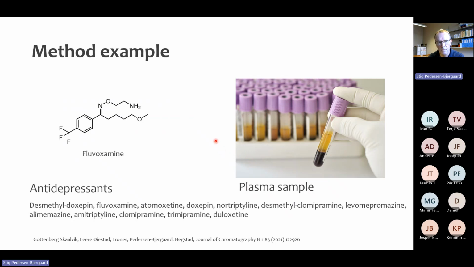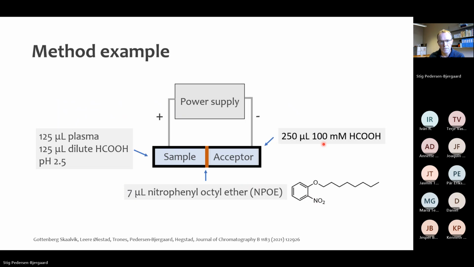Here is one example of a method. So now we are looking into a method for extraction of fluvoxamine. This is an antidepressant drug, and we are to extract this drug substance from human plasma samples. So we pipette 125 microliter plasma into the sample vial.